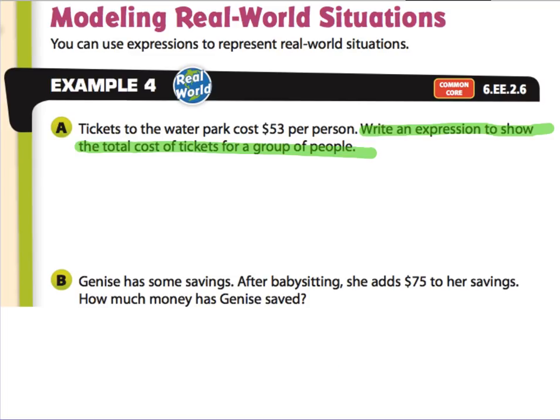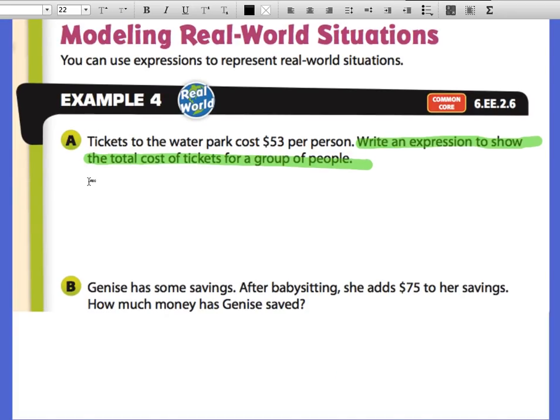So first and foremost, we need to figure out our variable. What is it? What does it represent? Okay, so in this case, do we know how many people are going? Because wouldn't that be what we need to know to figure out the total cost for a group?